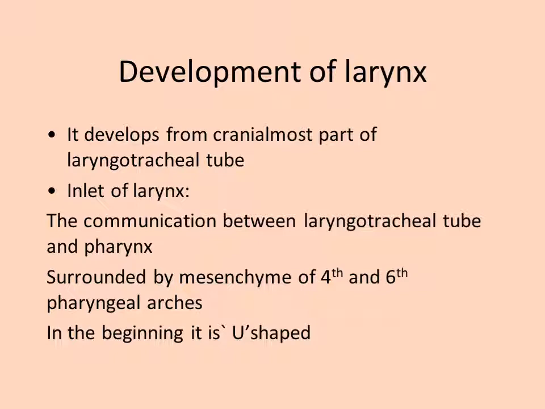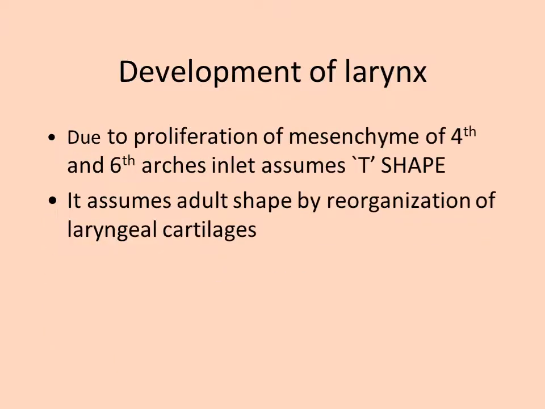In the beginning, the shape of the inlet is U-shaped. Later on, due to the proliferation of mesenchyme of the 4th and 6th arches, the inlet becomes T-shaped, and it assumes its adult shape by reorganization of laryngeal cartilages.